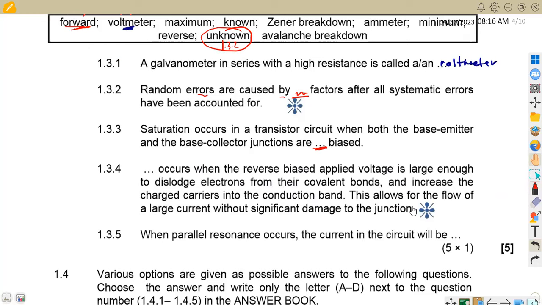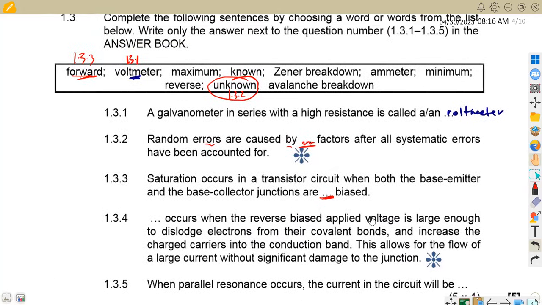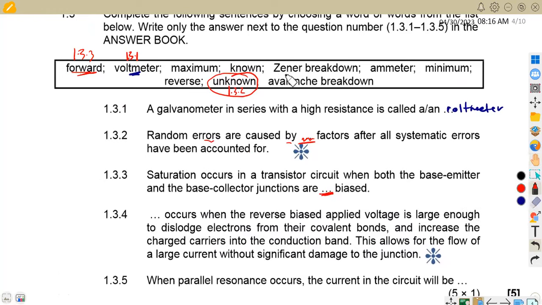This allows for the flow of large currents without significant damage to the junction. That's a Zener breakdown, which is 1.34. You're going to write Zener breakdown in this case, all right?